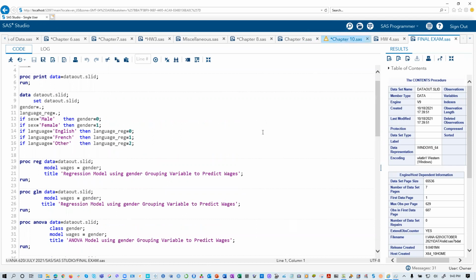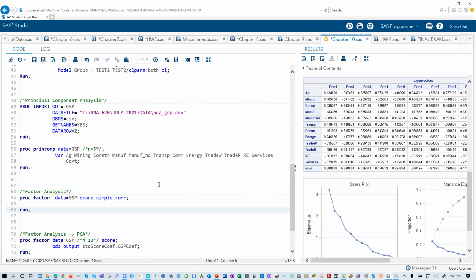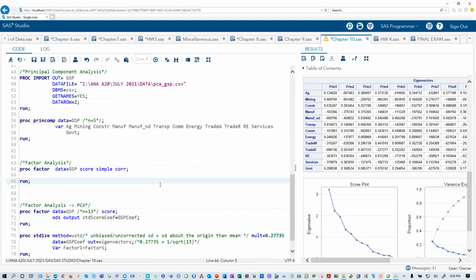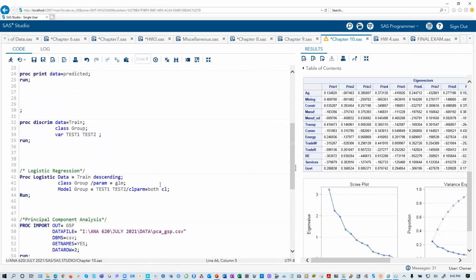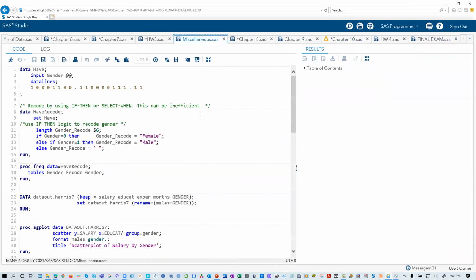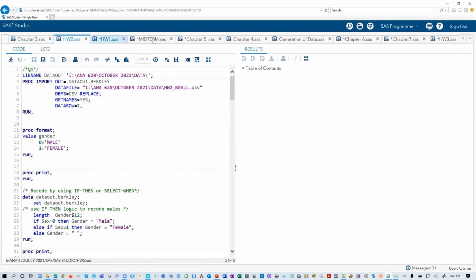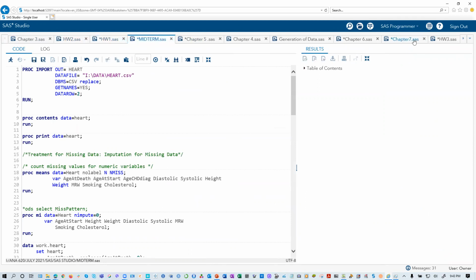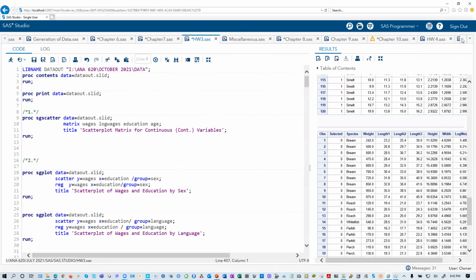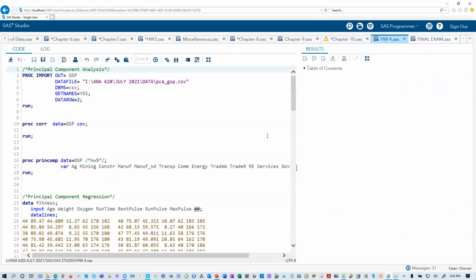And on the other hand, under this one, factor analysis, principal component analysis. Miscellaneous. Let's see chapter 2. Final homework 4.